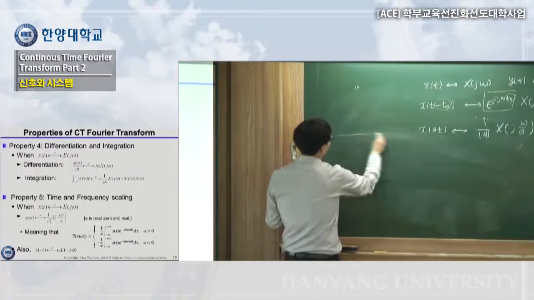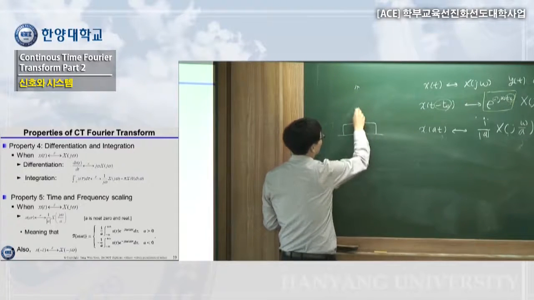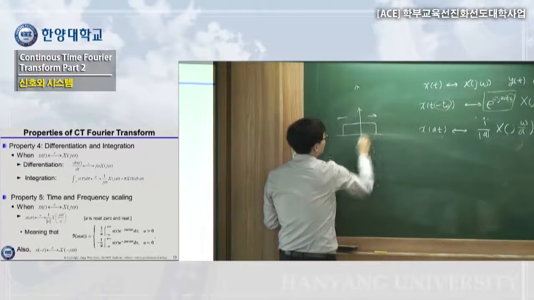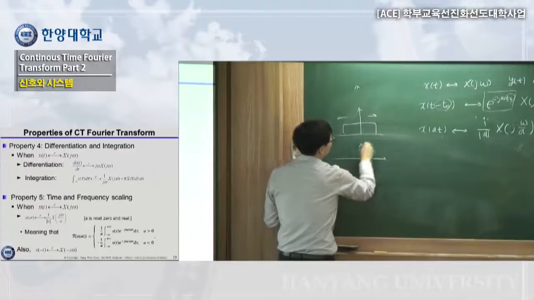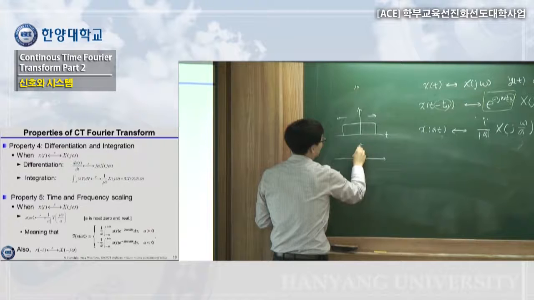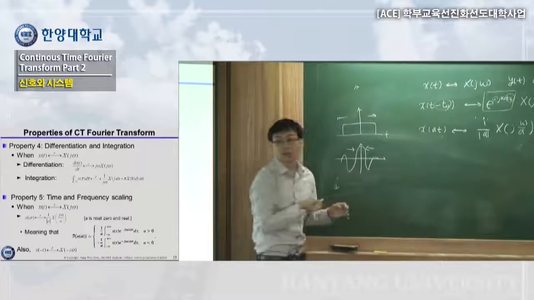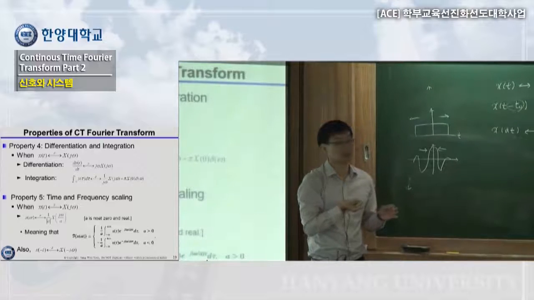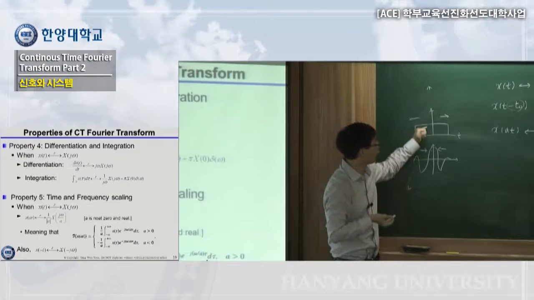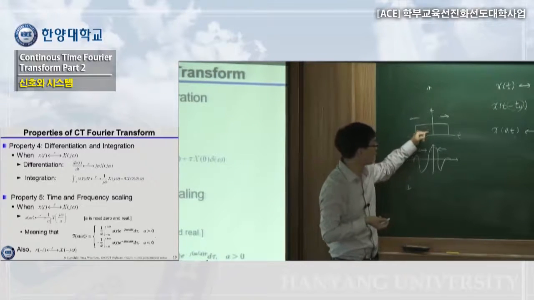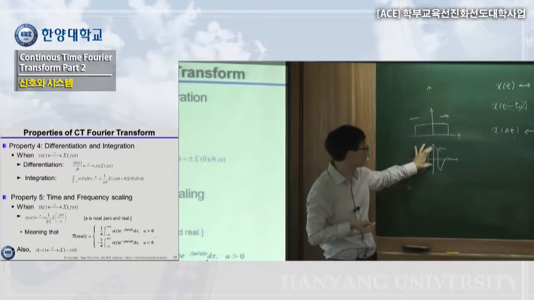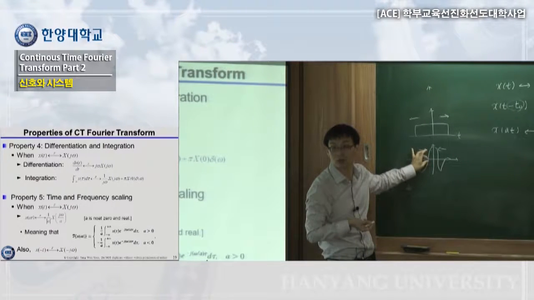If you remember our rectangular pulse, if this one expands in the time domain, then this one will shrink down in the frequency domain. Likewise, if you extend in the frequency domain, this one changes. Also, its amplitude shrinks down.